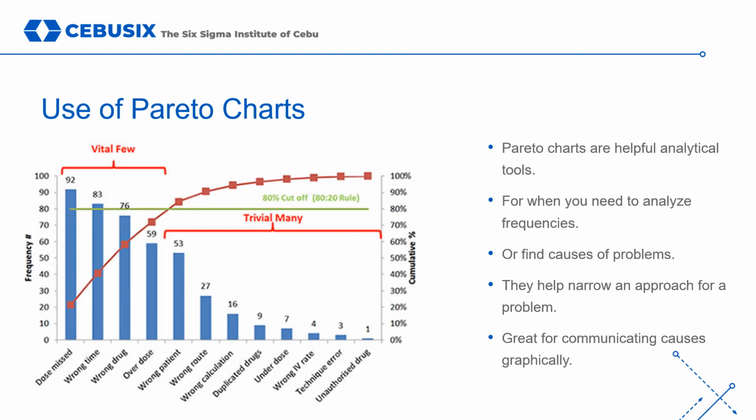Pareto charts are also helpful when communicating information about causes to others, especially those outside of the Six Sigma process. Although Pareto charts are a powerful analytical tool, they also represent complex data in a visual format that is familiar to most anyone.